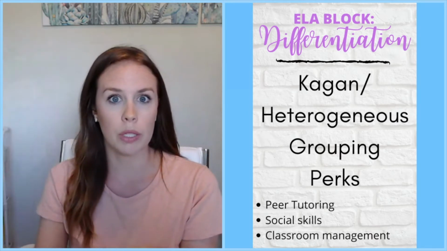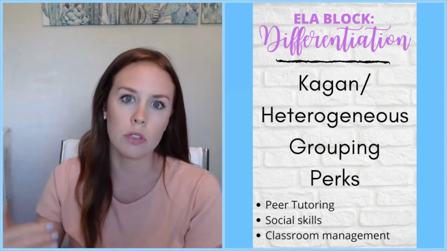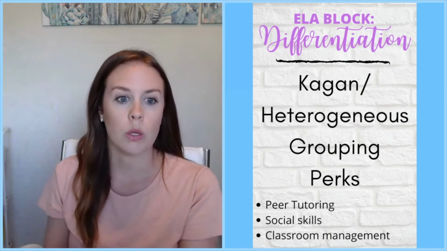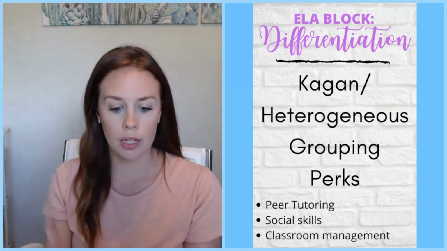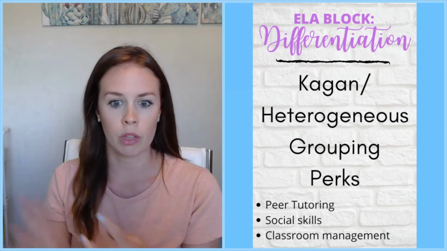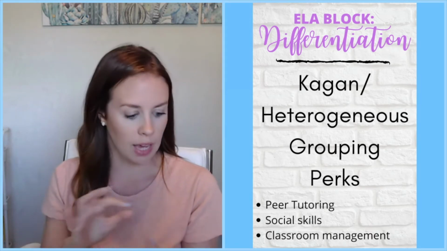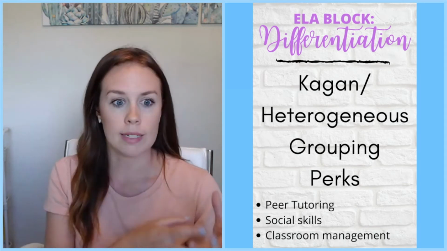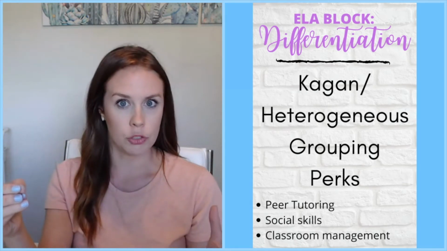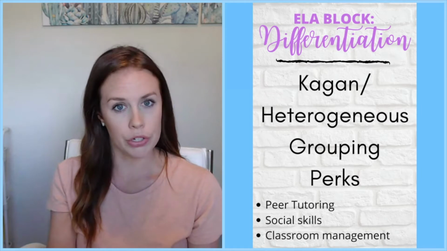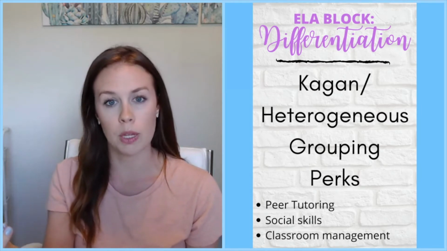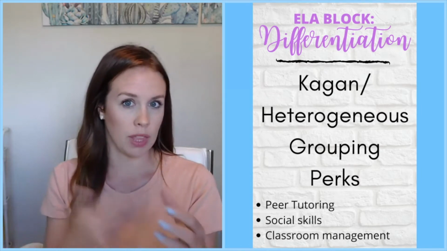So he has all ability levels in one group so that there can be tutoring and social skills going on. The students know who to ask if they have any questions. If they need help on something, they're not going to have to interrupt the teacher during her pull-out groups because they can ask somebody within their group.